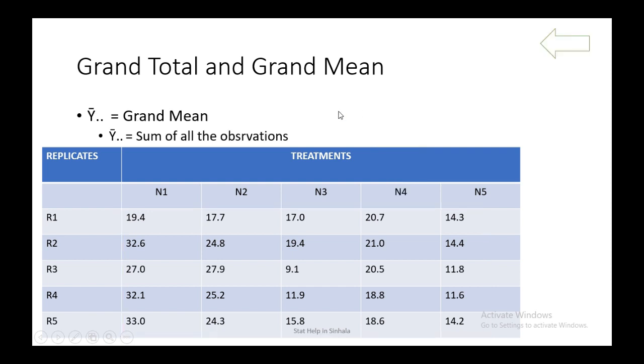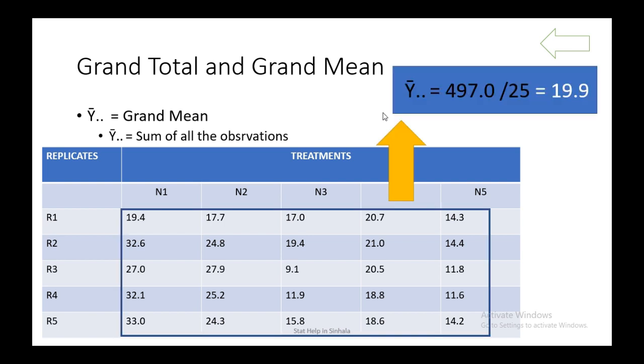Next one is y dot dot bar, that is grand mean. Grand mean means the average of all the observations. So we can calculate that by getting the summation of all the observations and then the result should be divided by the number of observations.